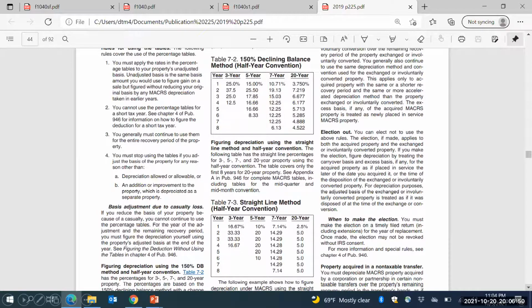I'm sharing these just so you have a general concept. The straight line method is essentially an equal amount every year. The amounts aren't equal here because of the half-year convention, but straight line is essentially the same depreciation each year. So, two methods there.